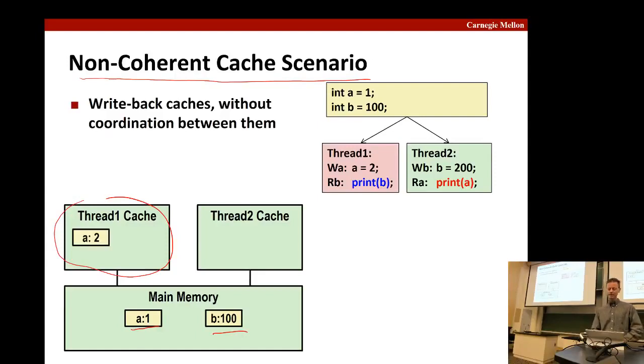One possible thing that can happen is that this instruction happens first, and so this thread pulls into its cache the cache line that contains the value A, and updates the value of A to 2. So from this perspective, the cached A is now 2. And then thread 1 can do the same thing for B and set it to 200.